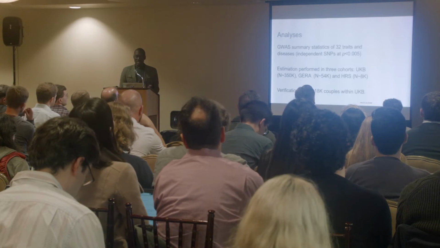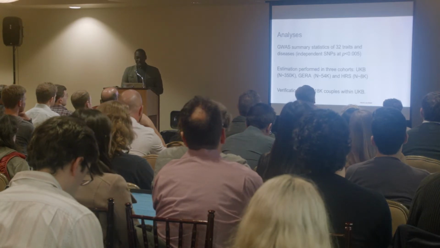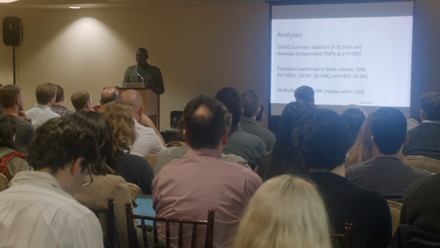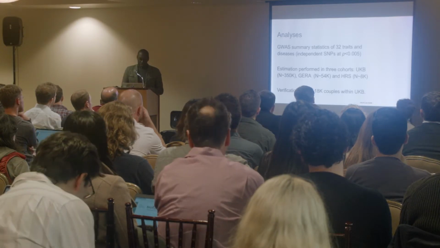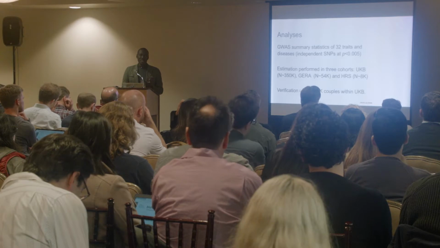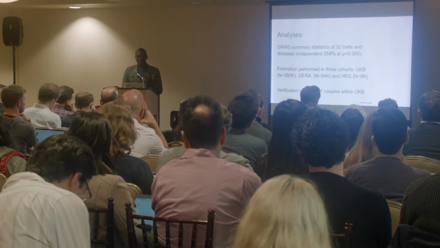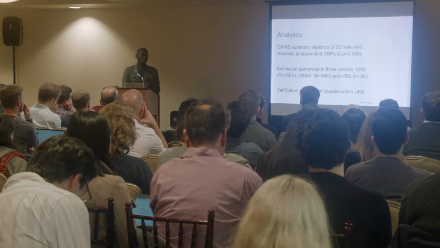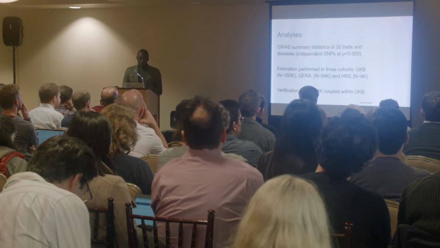We can discuss that arbitrary choice if you want. I also selected independent variants, which we found to be important as well. We considered three independent data sets: the UK Biobank, JERA, which is an American cohort, and the Health and Retirement Study, which has been presented today.